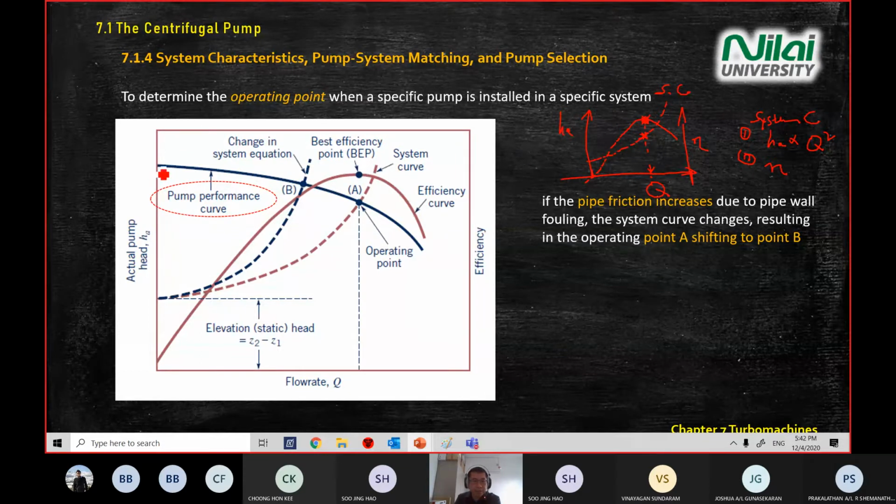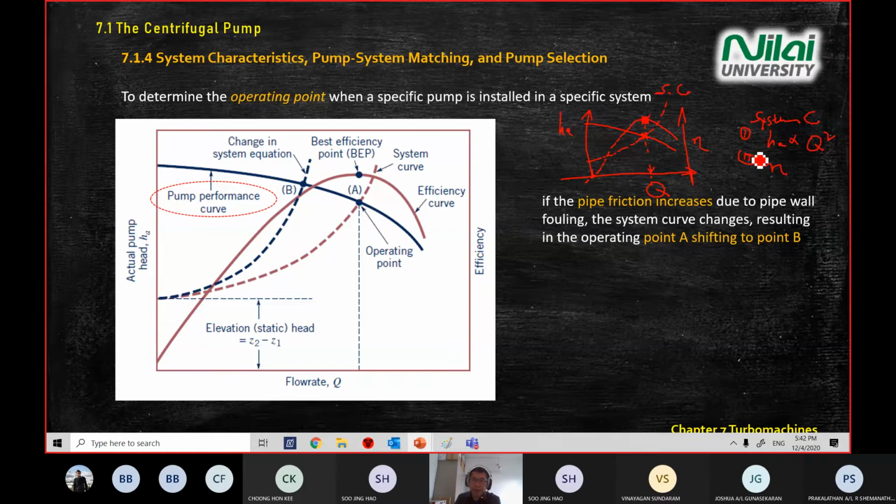In this example, it goes like this. This curve will intersect with your system curve. You see it intersects at point A. So this is how we make full use of the graph.